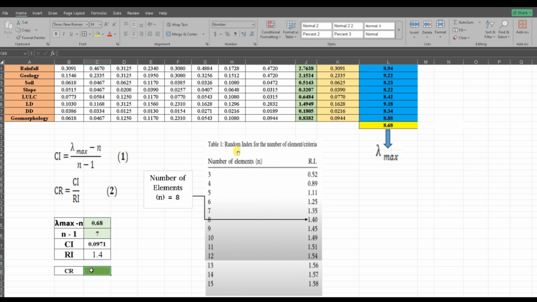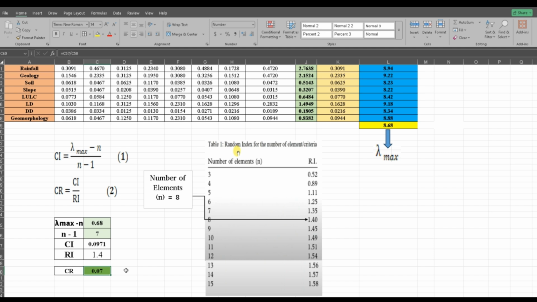And finally, the consistency ratio for our analysis is equal to consistency index divided by random index, which is equal to 0.07, which means 7%. Now, in order to say our analysis is logically acceptable and consistent, there is a criterion for different matrix sizes.